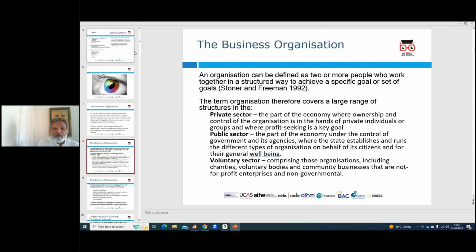We looked at some of these business units in yesterday's lecture, like sole trader, partnerships, limited companies, private limited companies, NGOs, and we also looked at stakeholders. Okay, so you should be aware of these from yesterday's lecture L01.